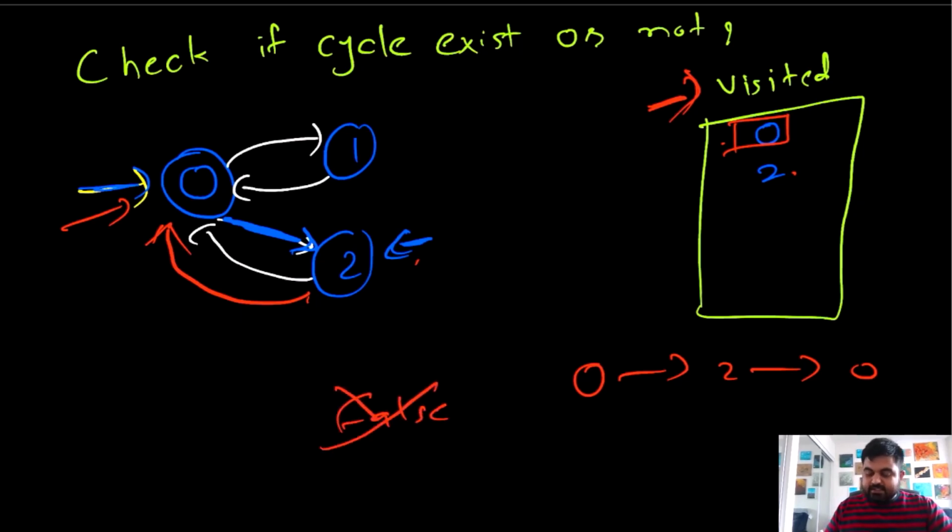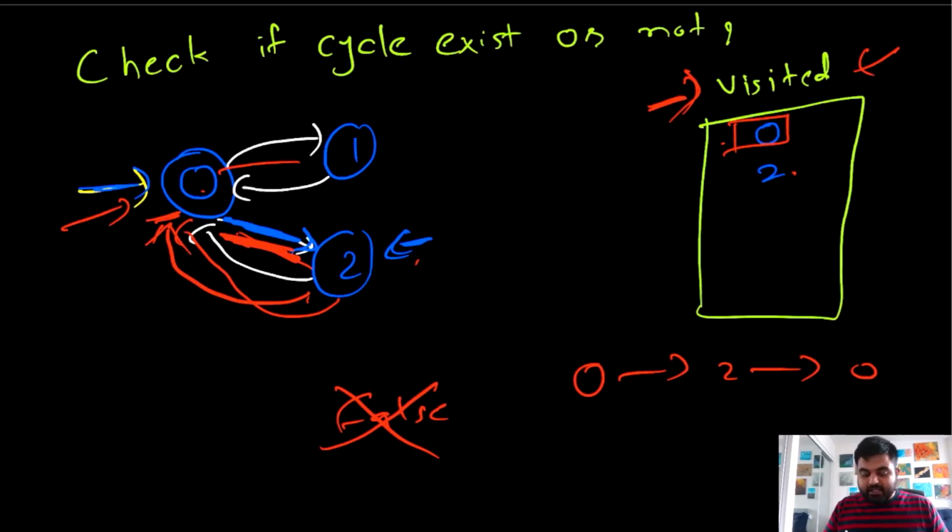The thing is, this is actually not the case, and why it's not the case is because of this correlation of having an undirected edge that is causing all this problem, which means that we cannot rely only on having a visited hash set. If we do that, then essentially we are not going to be able to find an answer, because from this 2 we are coming back to 0 only because there exists an undirected edge from this 2 to 0, and that's why we can consider this 0 to be 2's neighbor.